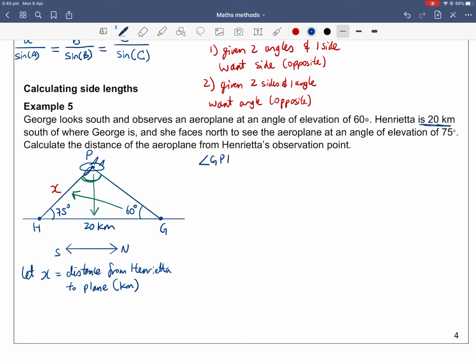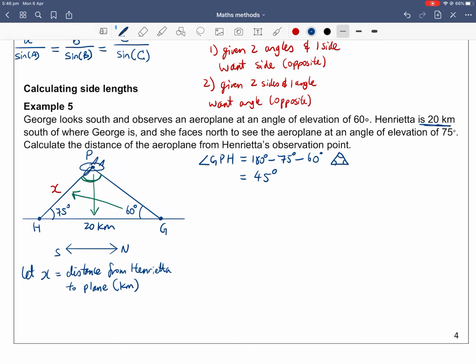So angle GPH, our angle of interest, squished in the middle by the other two vertices, G and H, is 180 degrees minus 75 degrees minus 60 degrees, because the sum of angles in a triangle is 180. Make sure you put the degree symbol, otherwise it's assumed radians, and make sure you justify why it adds to 180 degrees. So if you subtract all that, that gives us 45 degrees.